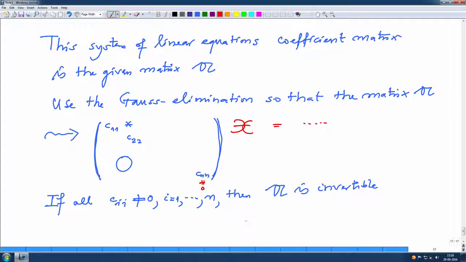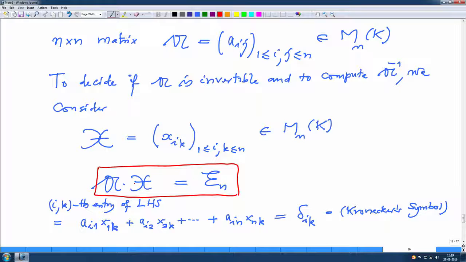So this way we can find the inverse. If you do it the other way, I just want to remark, if you want to solve this kind of equation, that also one can do, but then instead of row operations we have to use column operations. Well, this is also equally simple and it is the same.